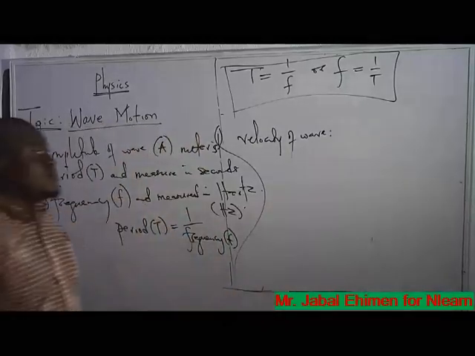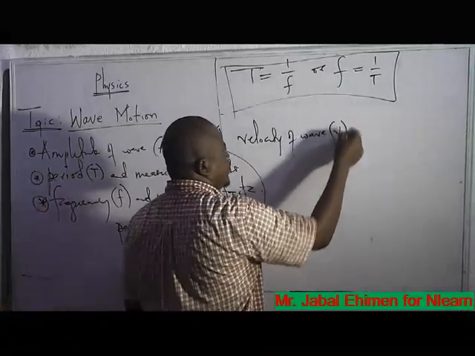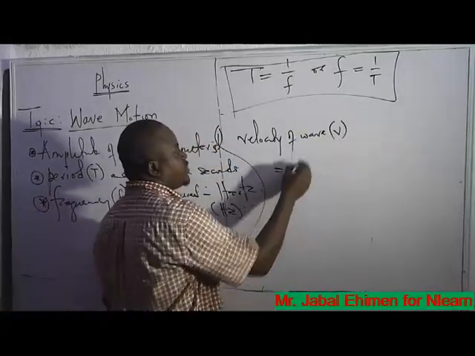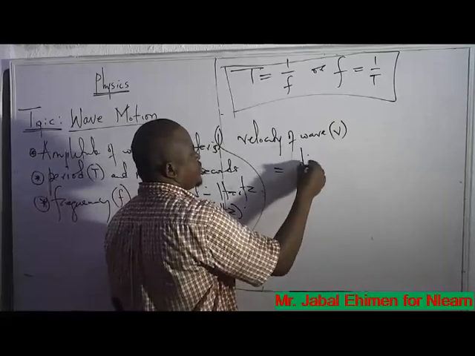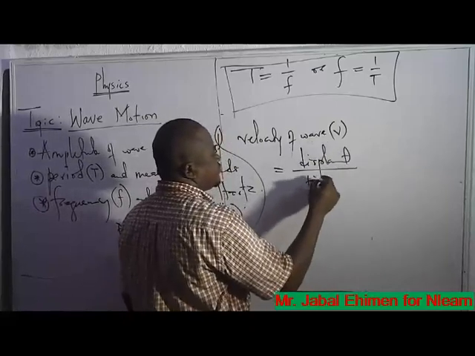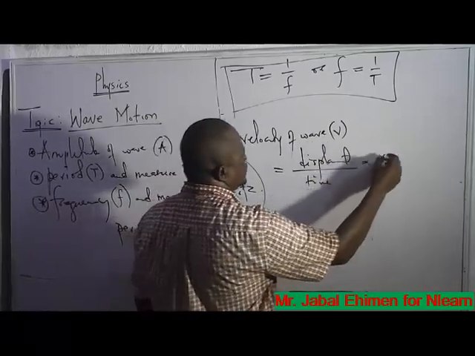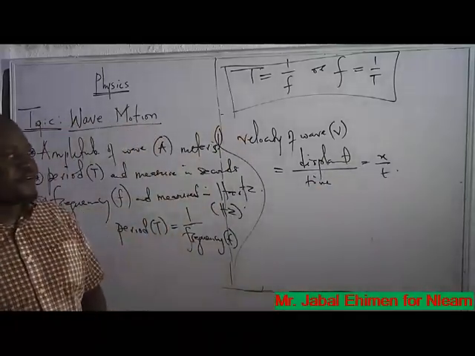Velocity of wave itself, which is V, is just distance or displacement over time, which is x over t. So that is velocity of wave.